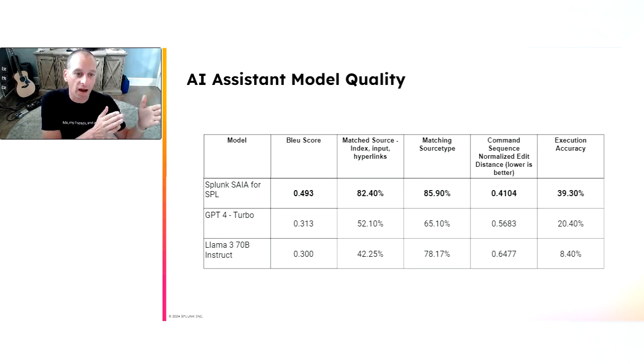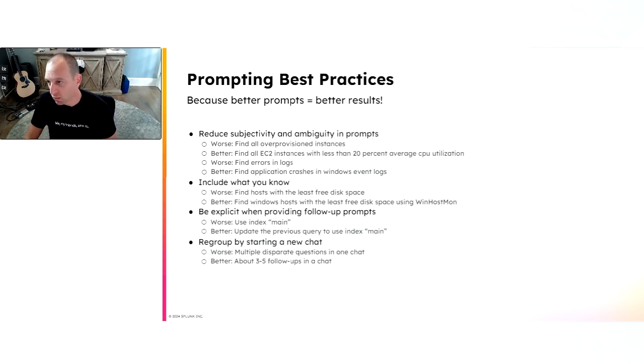Is it choosing the right index and the right source types correctly? Is the SPL that's generated parsable or not? Is it executable or not? So we're taking that testing data set, running it against the AI assistant for SPL, and running it against other models to try to ensure that our results are as good or better than everybody else's. And that's really how we dictate the quality.